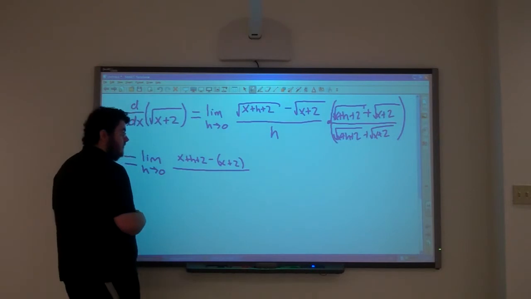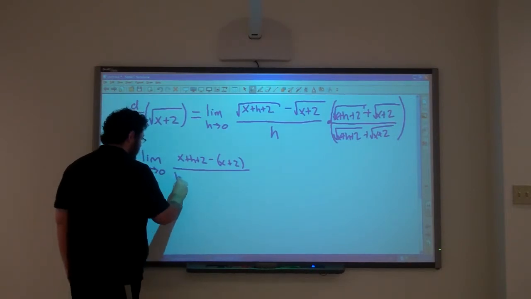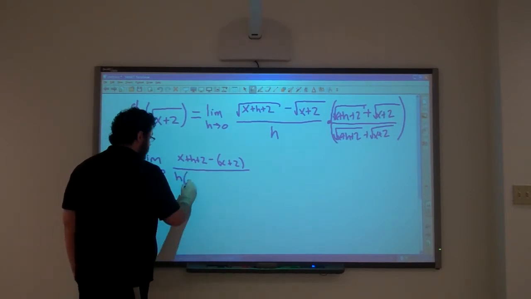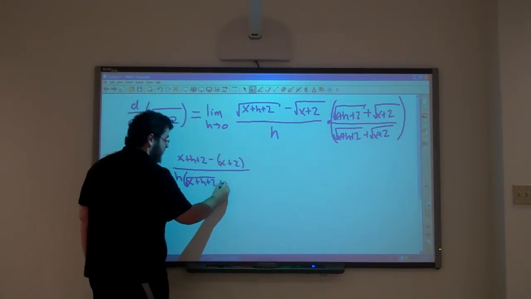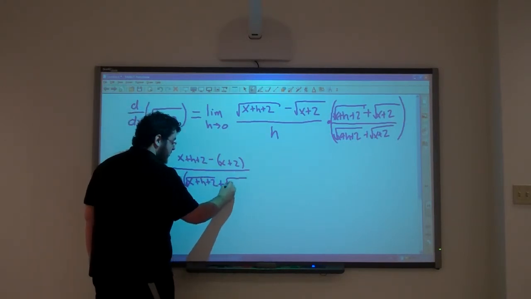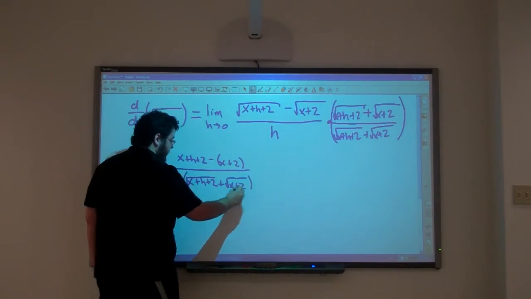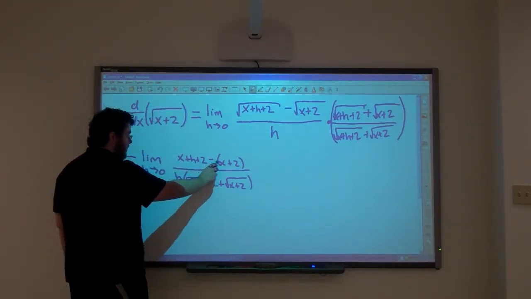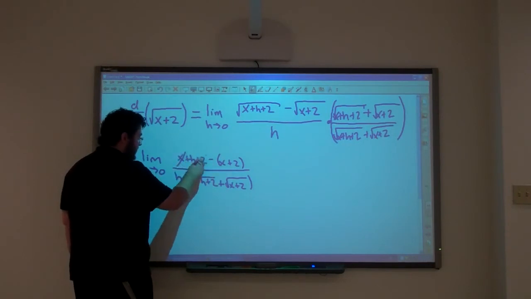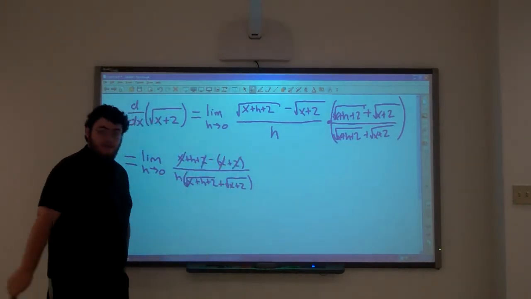In the bottom, we're left with h times the square root of x plus h plus 2 plus the square root of x plus 2. All right, so if we look at this, we have an x plus 2 and then a minus x plus 2. So the x's and the 2's all cancel each other out.